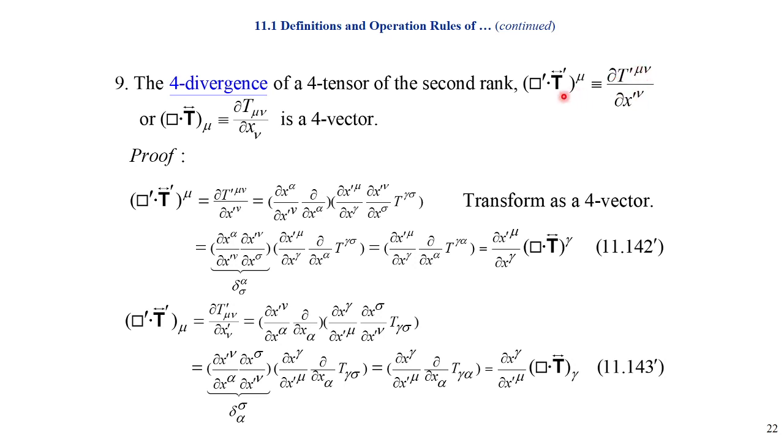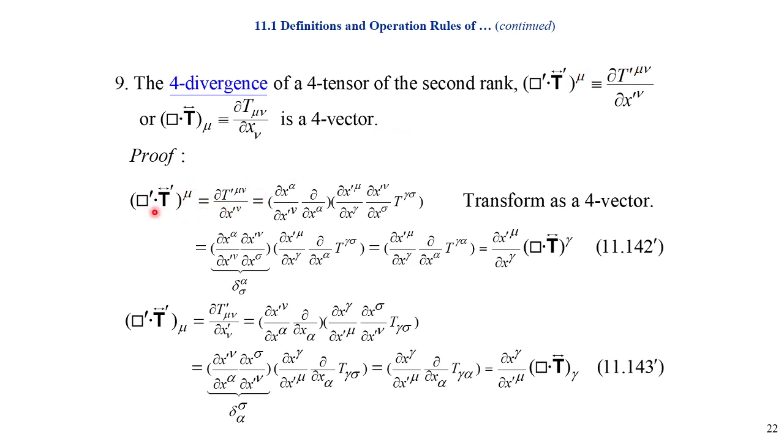After summation, we have μ. Or we can write it in this form. That is contravariant, that's covariant. Covariant, as a homework, you should prove by yourself.